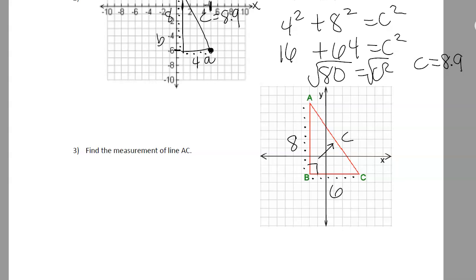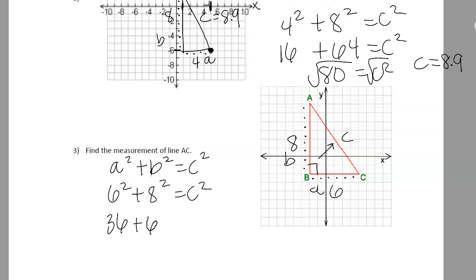Alright. So a squared plus b squared equals c squared. Again, it doesn't matter which one is A, it doesn't matter which one is B. 6 squared plus 8 squared equals c squared. 6 squared is 36, 8 squared is 64 equals c squared. You add them up, that's 100.